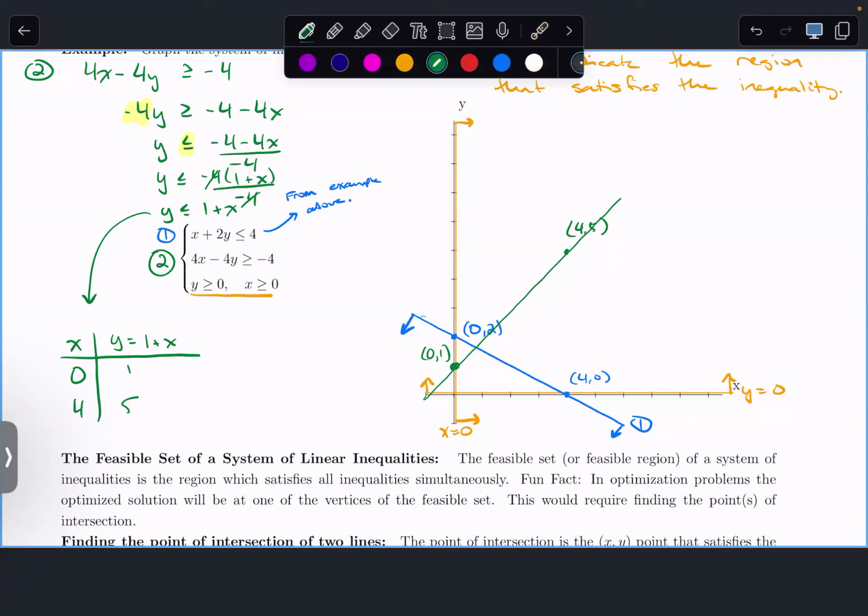Because here you have y equals 1 plus x, and we want y less than or equal to 1 plus x. So it's on one side of this line. And so because we want it to be less than, we want this region here.